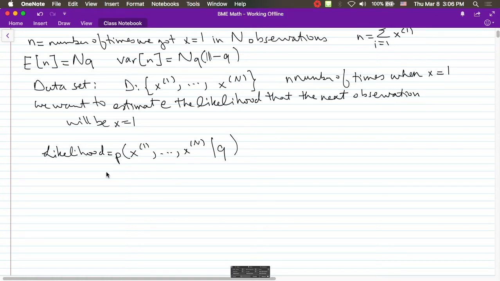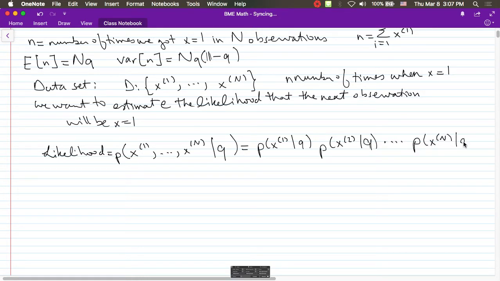And so this joint probability is the product of the individual probabilities, and that's equal to q to the n times (1 minus q) to the capital N minus n.